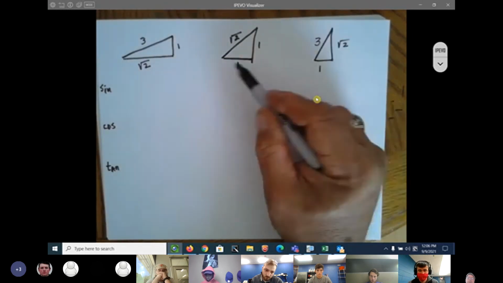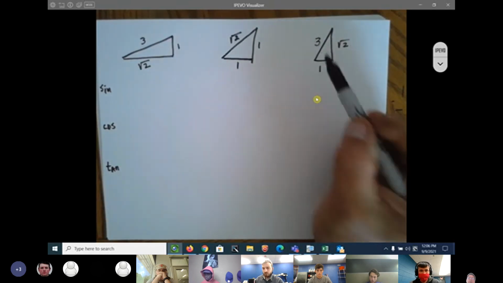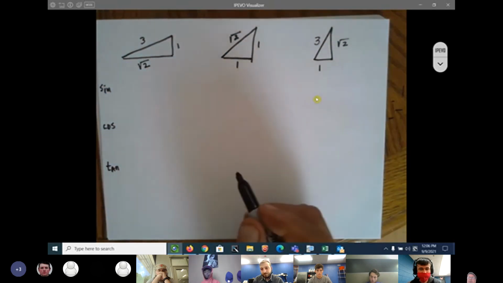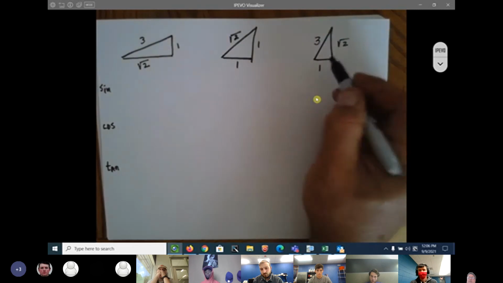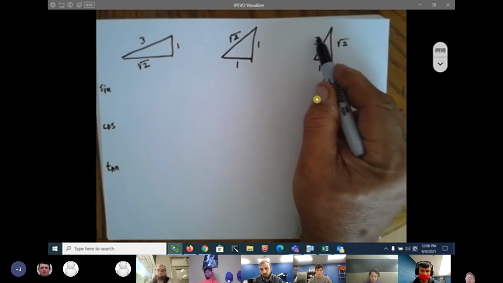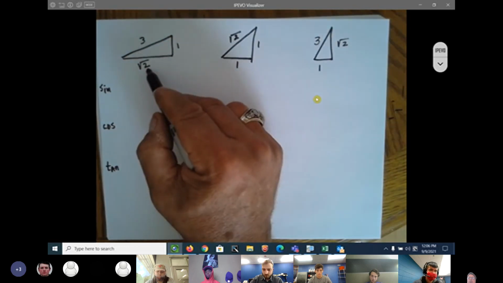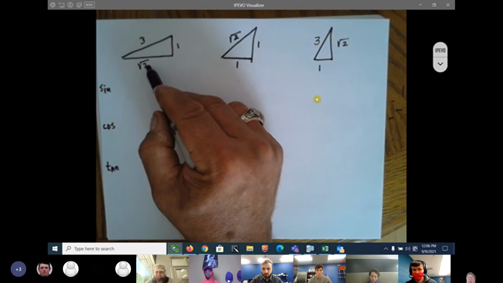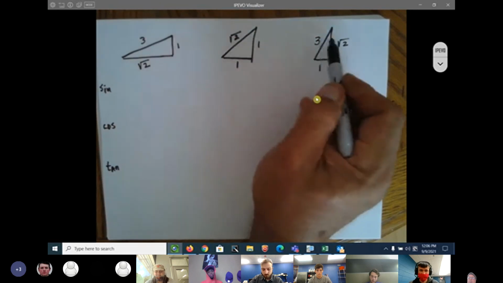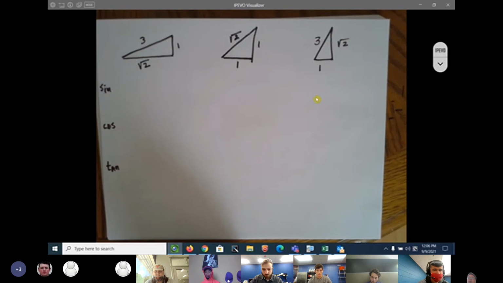And this one is this one flipped on its side. So it's 1, square root of 2, and 3. You always know that the hypotenuse is the longest side. Square root of 2 is 1.41 and square root of 3 is 1.7. So you know that 3 is the hypotenuse.